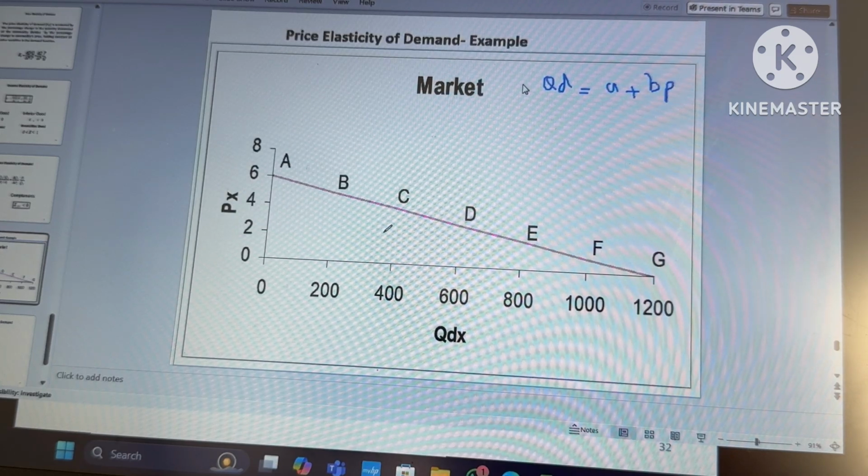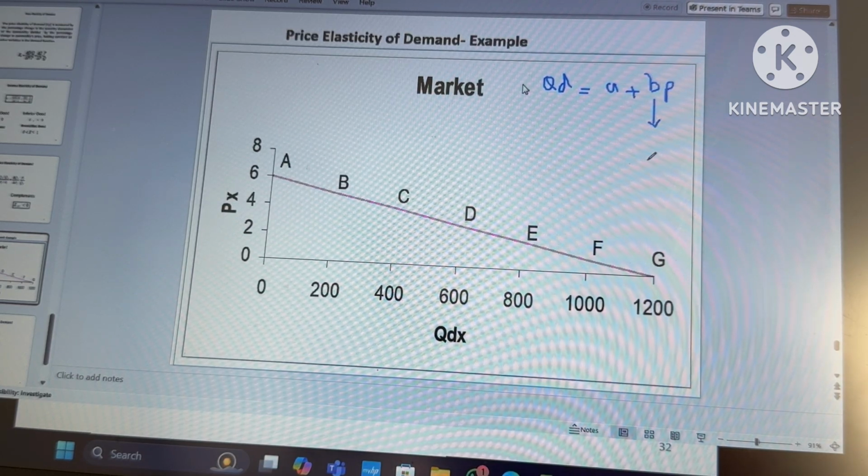Because there is no other factor here, only quantity and price. So this is the equation. How can you get the value of B, the slope coefficient? In the summary table we discussed a couple of weeks ago, it is mentioned. This is the slope coefficient.